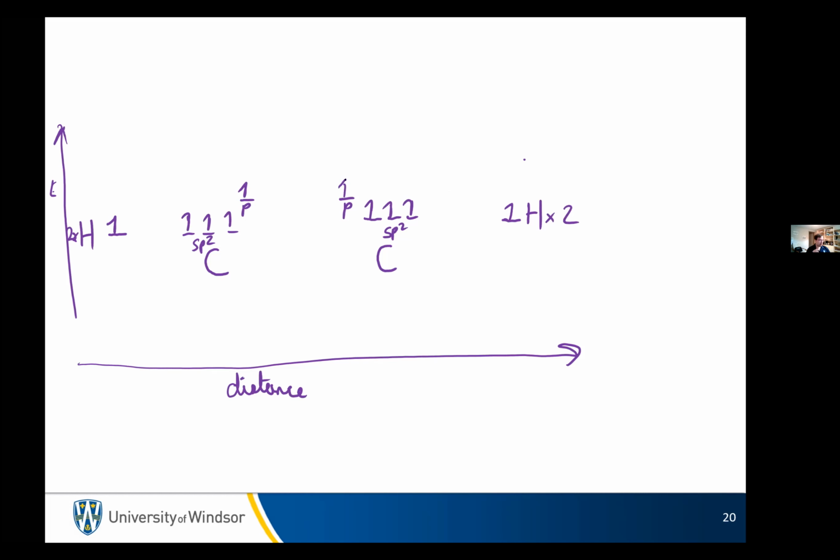What I'm going to do is show where the bonds are being made. So these two are interacting with 2 times this guy, and they're going to make a sigma and 2 times sigma star.